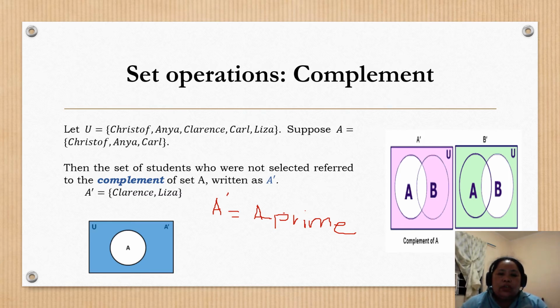Here, itong white na to, or yung set A, the complement of set A is all the complement of B including this color pink. And in the second Venn diagram, the complement of B are all elements that belong to A and also in the universal set, which is color green.